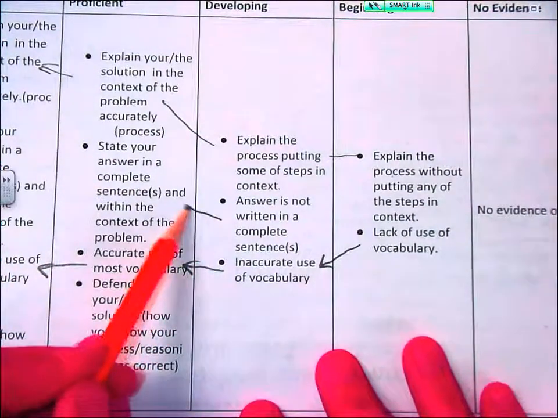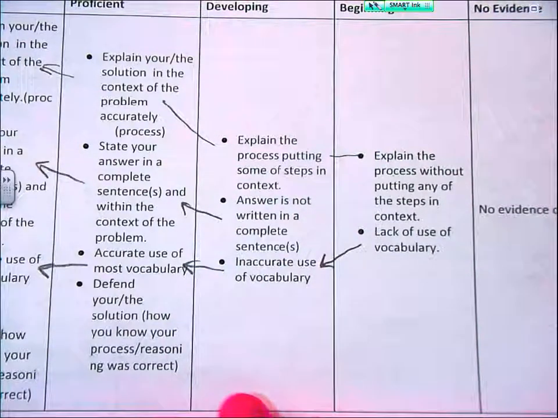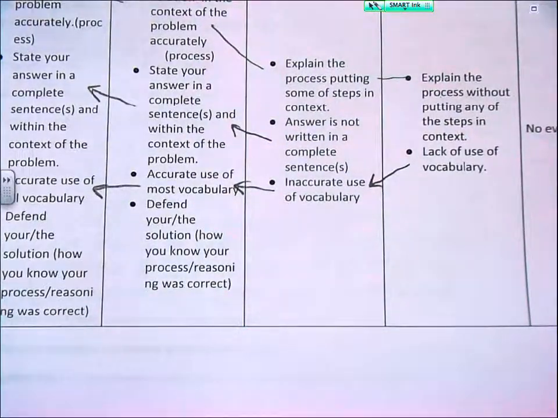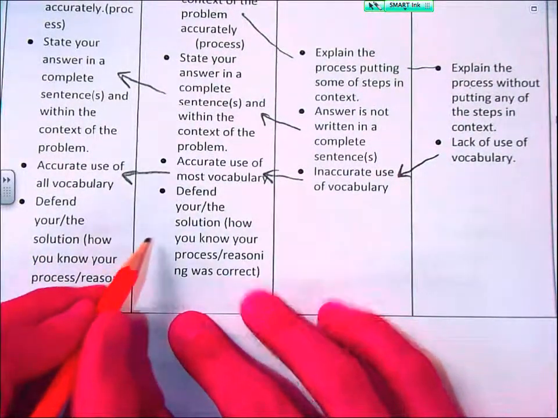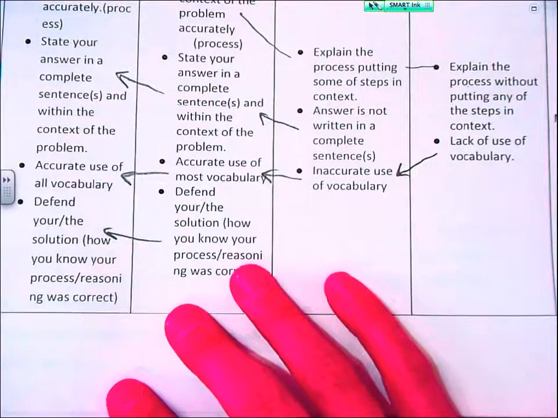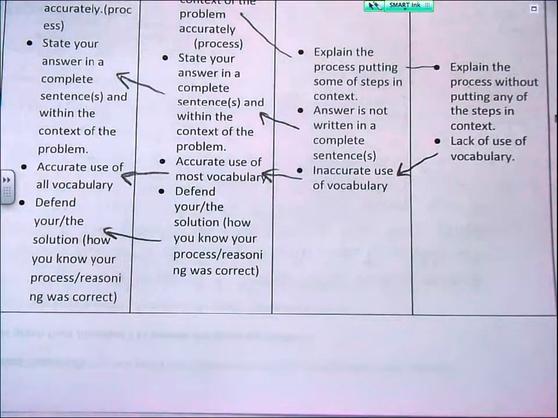I am looking for you to put your answer in complete sentences. And then that last one is where I am boring you by adding more and making sure that there's more details. But that's helping me prove to you that what I'm saying is correct. All right?